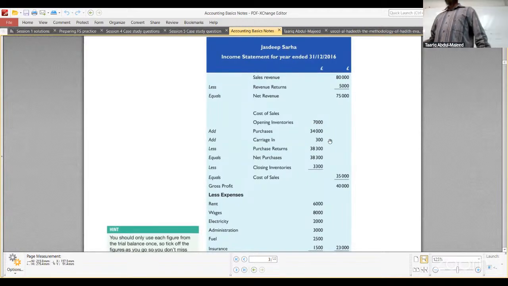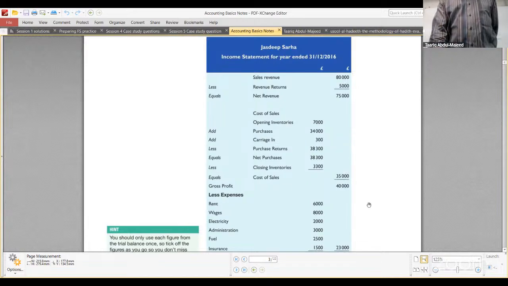So as we said, sales revenue, less the revenue returns because they gave it to you, net revenue is less 75,000. To get the cost of sales, we have our opening stock, add our purchases, add our carriage in, less the purchase return. Why? Because we give back to the supplier, right? So we don't have it. So less the purchase return gives our net purchases, less the closing stock, that gives us our cost of sales.